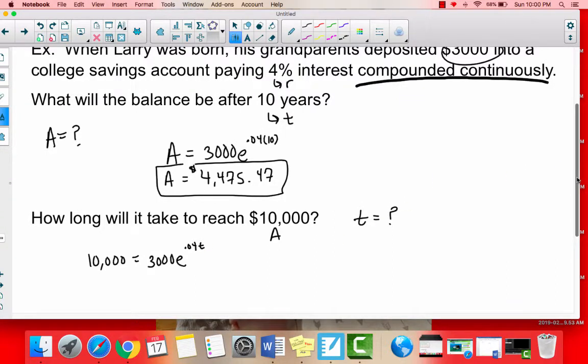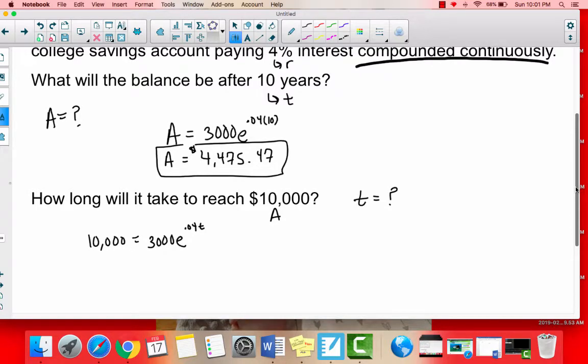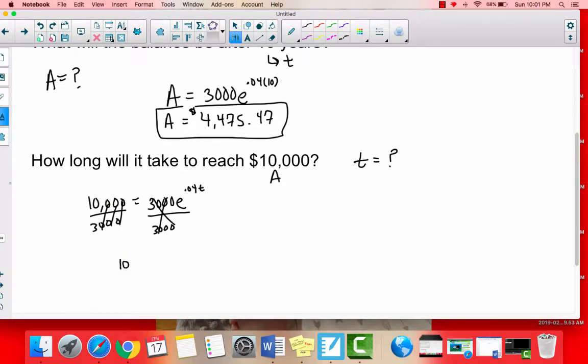So to solve this, remember in the last slide we said we want to get e on its own, so I'm going to divide both sides by 3,000. When I divide by 3,000, I'm going to cancel out these zeros. It's the easiest way to reduce right away, and that's going to leave me with 10/3 equals e to the 0.04t.